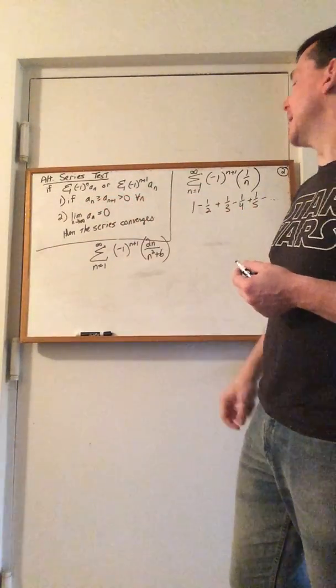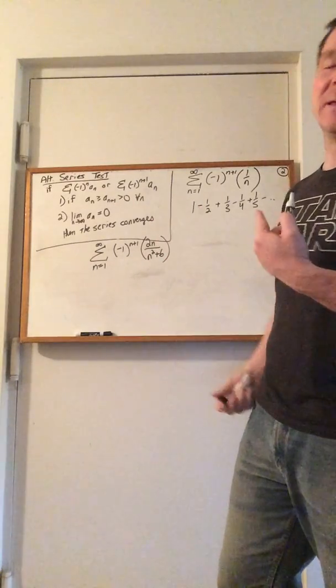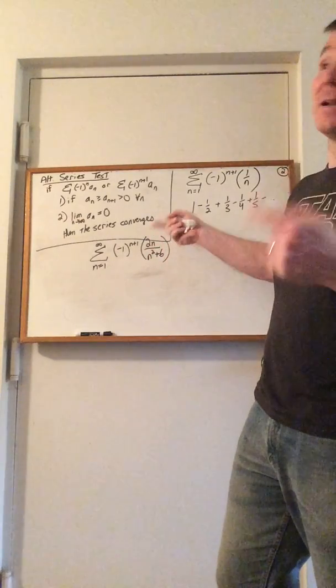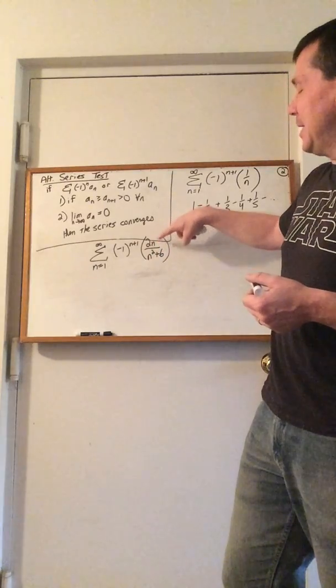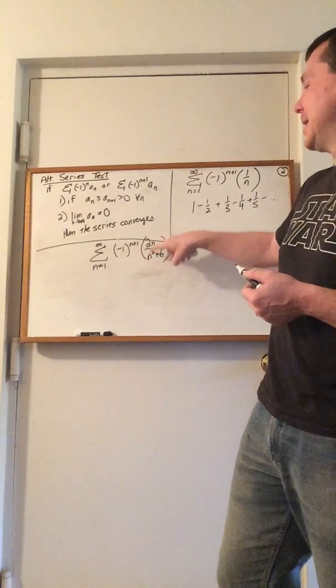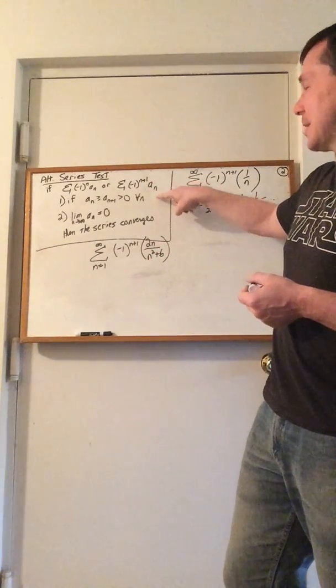Is it decreasing? You can plug in random n's. I've mentioned this before, you engineering people like your calculators. You can plug in some random n's, make n 5, 10, 100, 1,000, and see that it's decreasing. It's a linear over a quadratic. Clearly the quadratic will dominate, so the terms end up getting smaller, which means it's decreasing, so that condition holds.